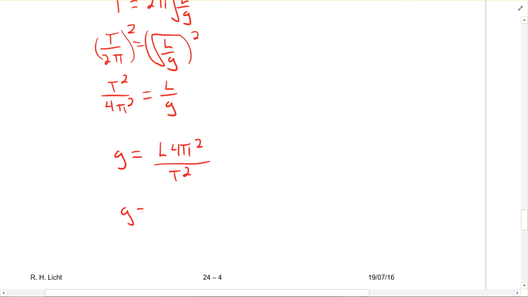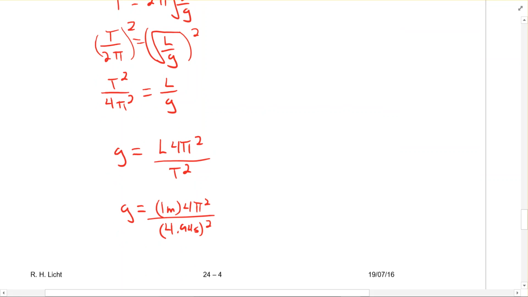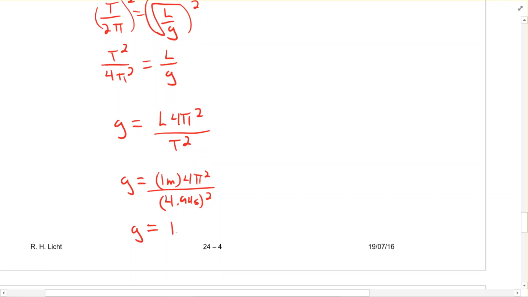So G is equal to the length of 1 meter times 4 pi squared over our time of 4.94 seconds, squared. So G is equal to 1.6 meters per second squared.